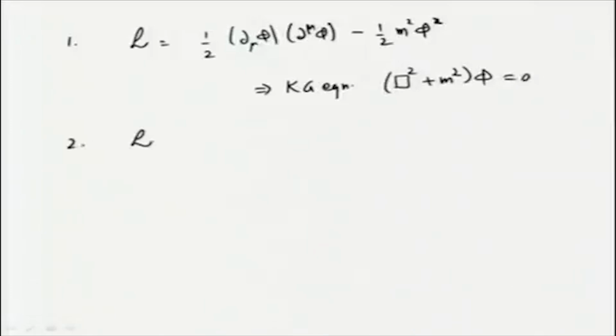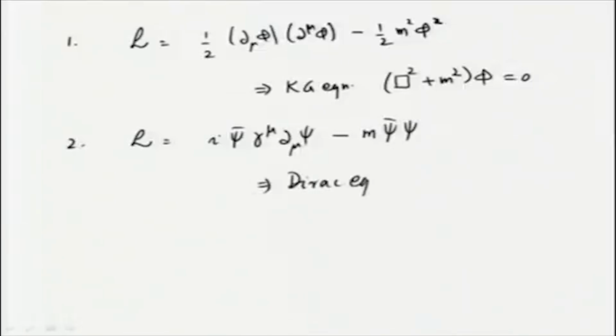Then we looked at iψ̄ γ^μ ∂_μ ψ minus m ψ̄ ψ, and that gave us the Dirac equation iγ^μ ∂_μ ψ minus mψ equal to 0.